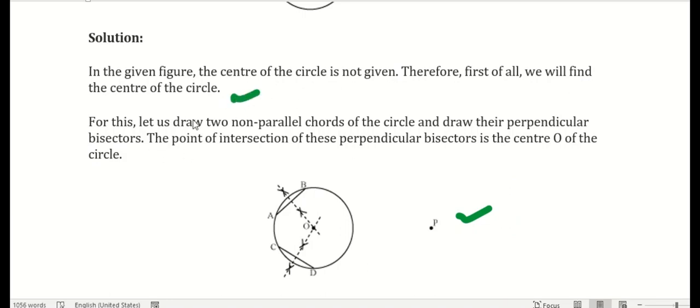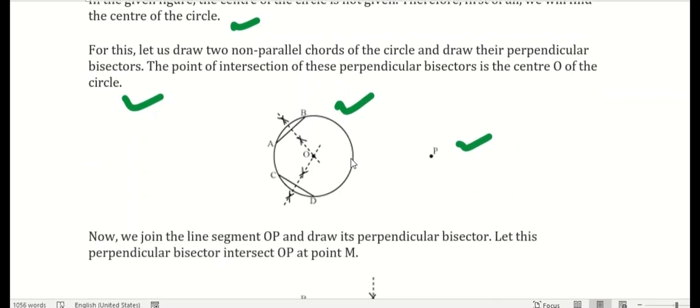How? For this, let us draw two non-parallel chords of the circle and draw their perpendicular bisectors. The point of intersection of these perpendicular bisectors is the center O of the circle. You can see in the figure. You can practice more.